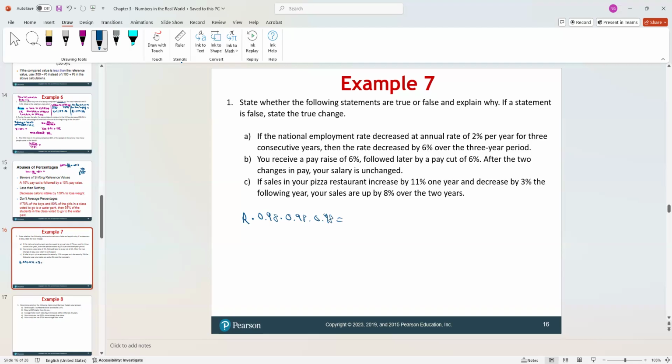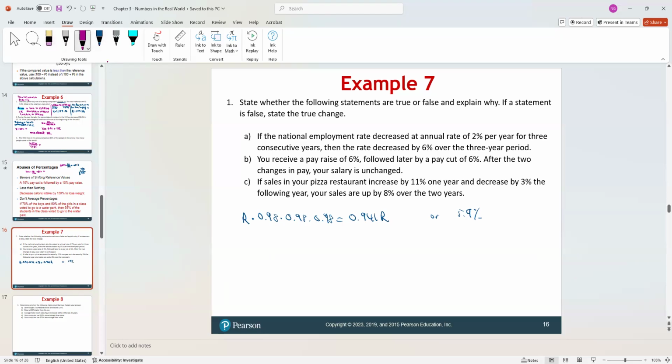So at that point, what you got was 0.941. That's the weight you're gonna have at the end. Meaning it's only about 5.9% less than the original one. So it's not 6. All right. You cannot say that.